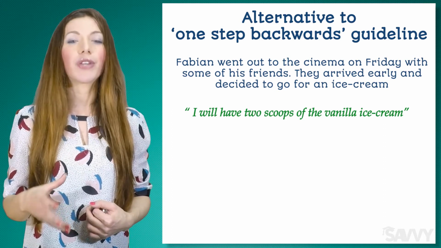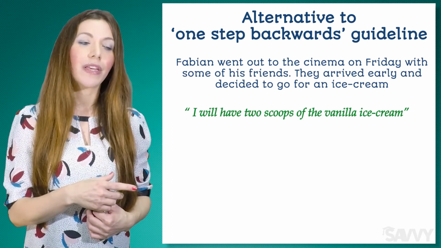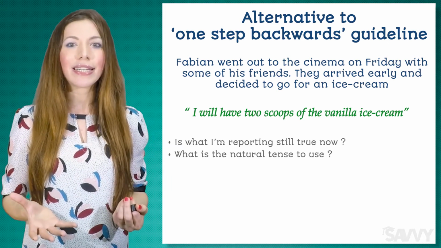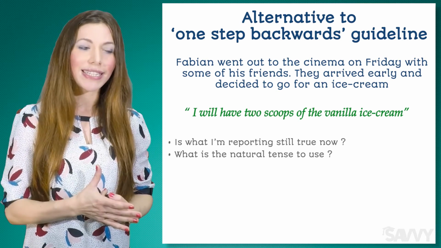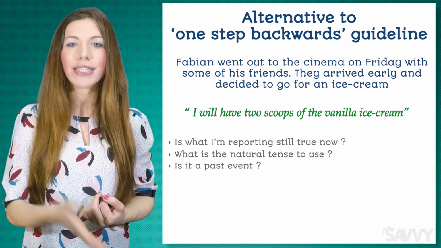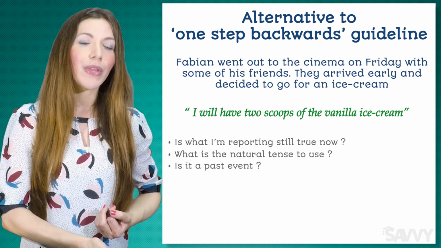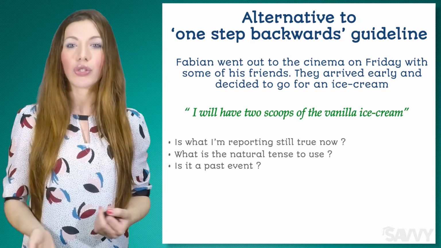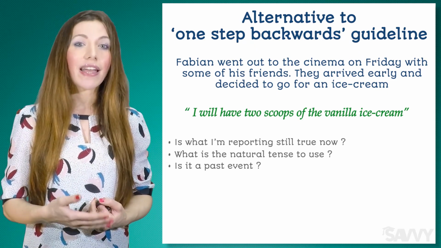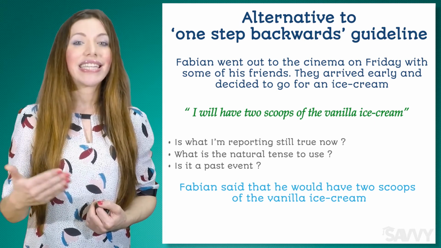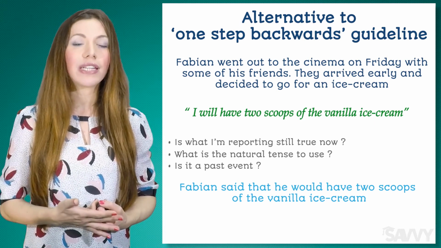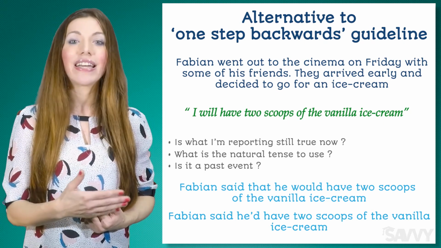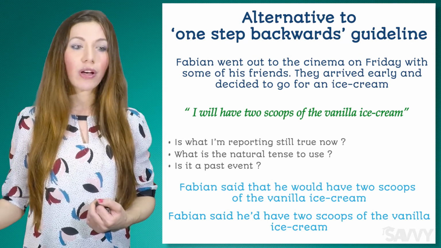And I'm reporting what Fabian said yesterday. So is it still true now? And what is the natural tense to use in this sentence? Is it a past event or is it still applicable to now? In this case, it was a past event and it has no relation to the present. So we would say, Fabian said that he would have 2 scoops of the vanilla ice cream. Or Fabian said he'd have, without the that. Fabian said he'd have 2 scoops of the vanilla ice cream.